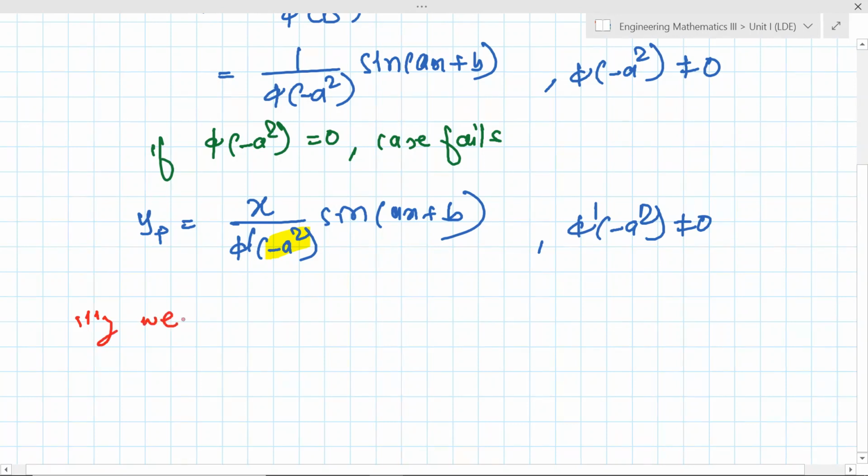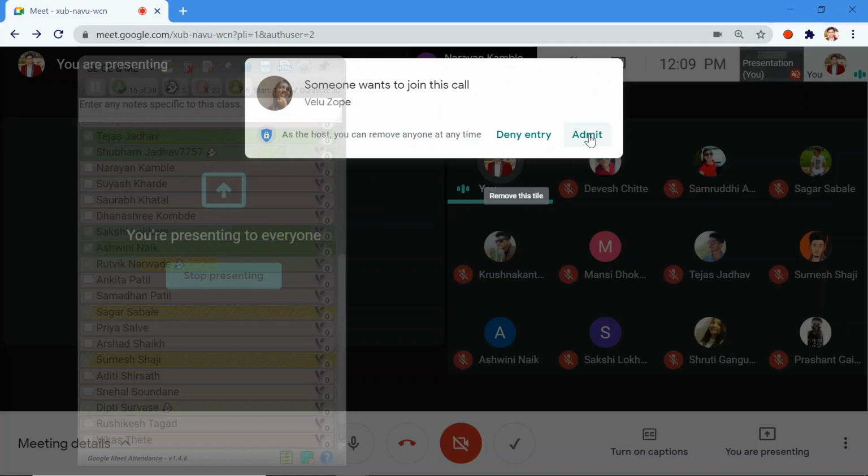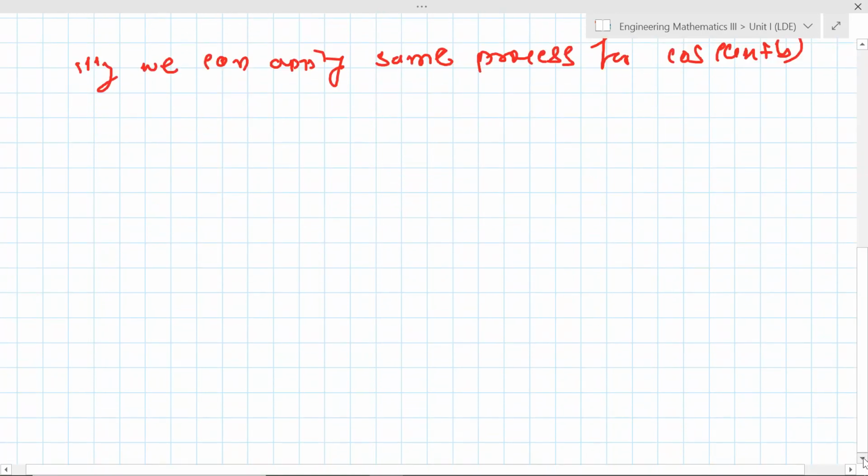Similarly, we can apply the same process for cos ax plus b. So the same process we can apply for cos ax plus b. Now see the example to understand this.